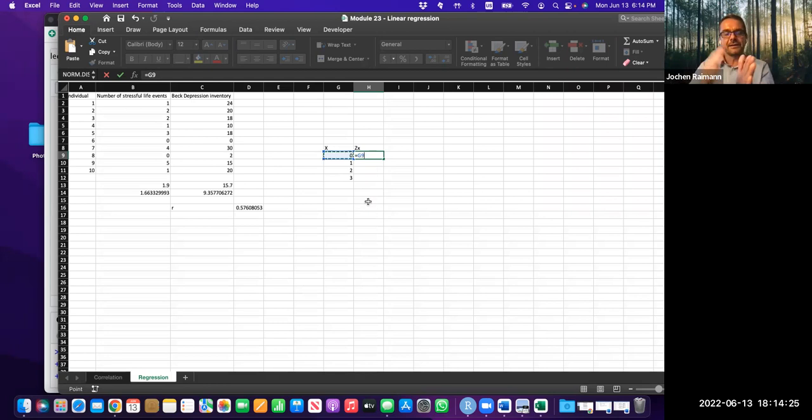The idea is that somebody who has more stressful life events will have a higher score on the Beck Depression Inventory and will be more likely to be depressed. So that's the research question. I'm jumping ahead, so that's why this is a little out of context.